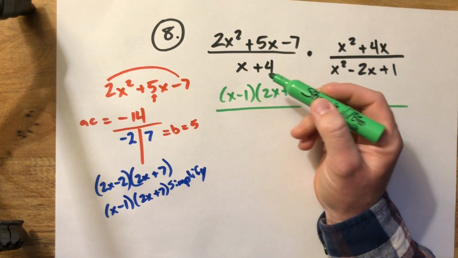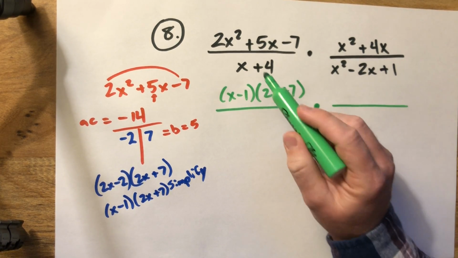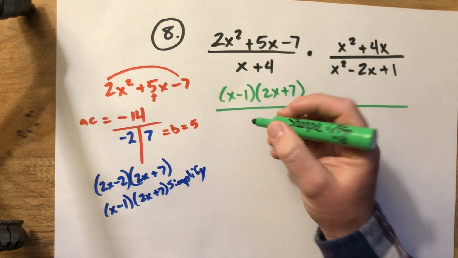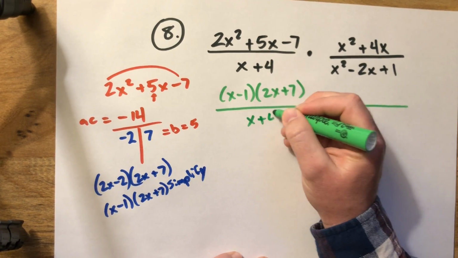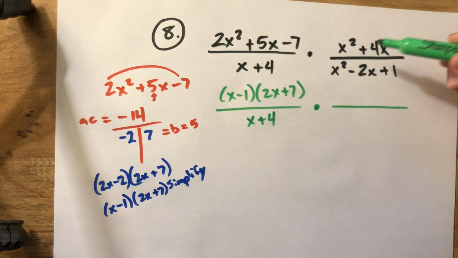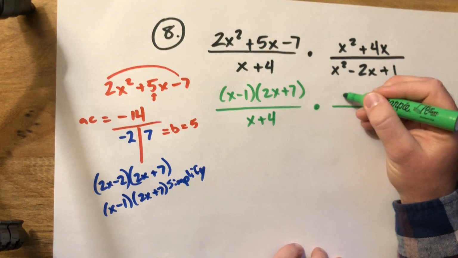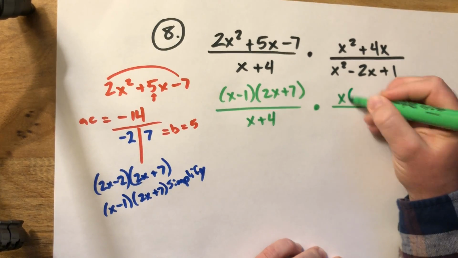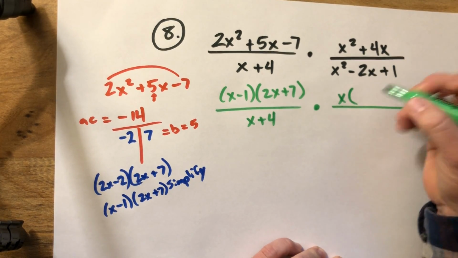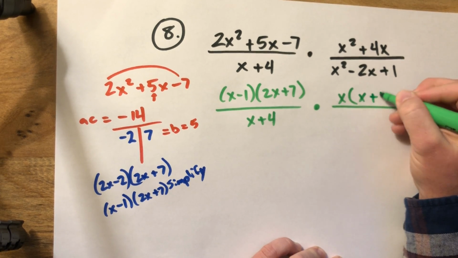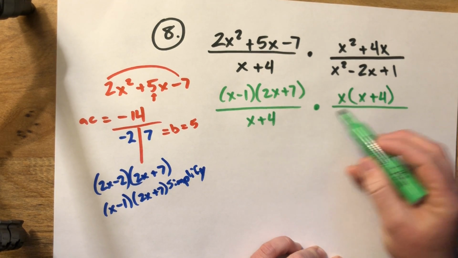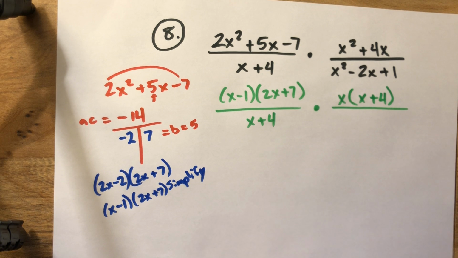Let's take a look at this next. Good review of the California method, by the way. x plus 4. Can't simplify that at all. Let's just go x plus 4. x squared plus 4x. Can we factor that? Yes, we can factor out an x. If we factor out an x, we divide by x and divide by x, leaving us x plus 4. Hint, hint. Last one. This is going to be a trinomial factored to binomials.